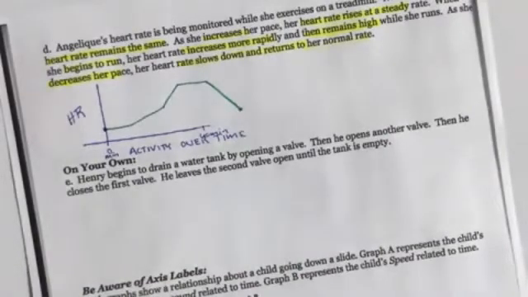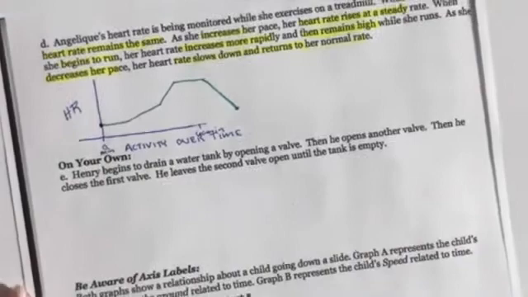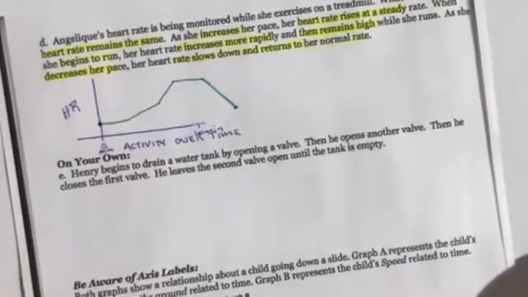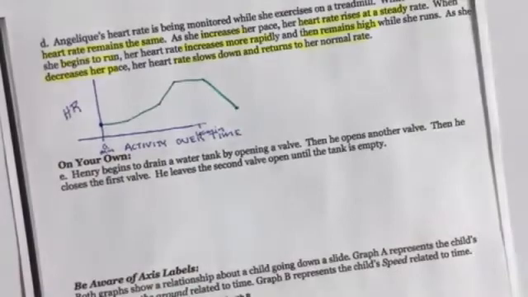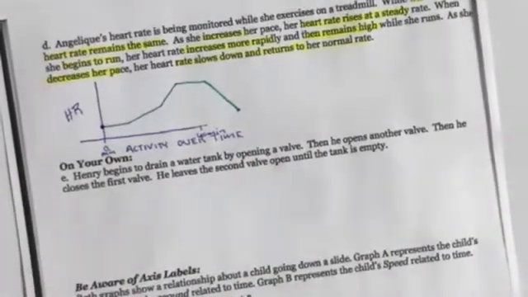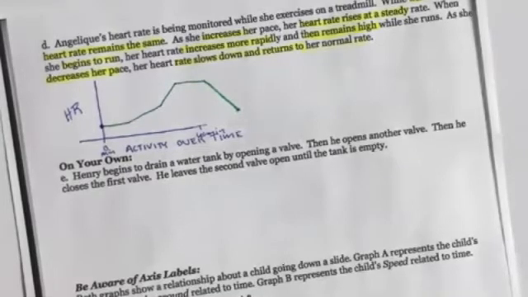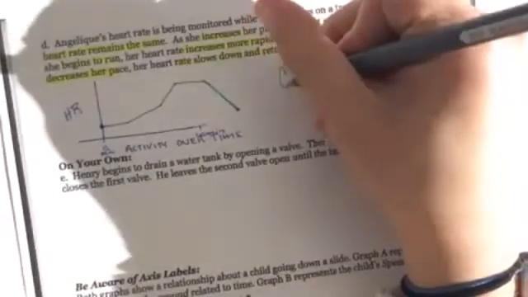Okay. So my sketches, notice I didn't have any numbers on this graph. And that's okay, because we're just sketching an image. Now, notice how my lines are connected. Is this a continuous or discrete graph? It's a continuous graph.